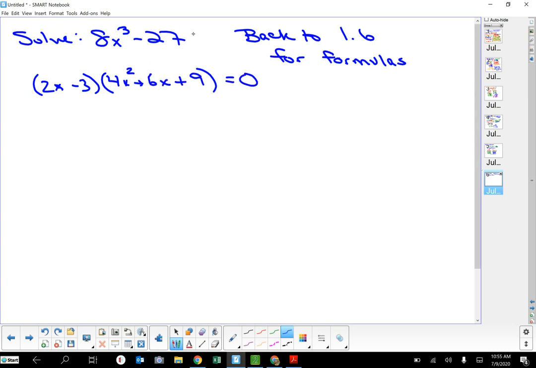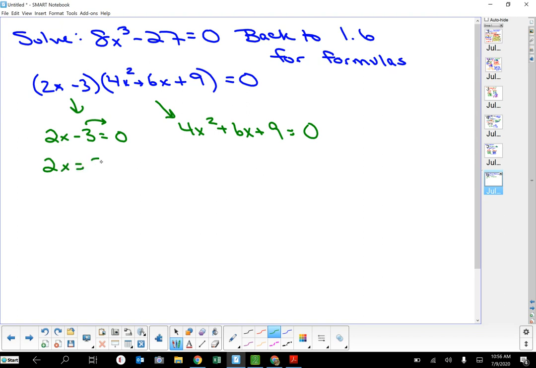And this whole thing is equal to 0. Sorry, I forgot that at the beginning. And then we're going to set these equal to 0 and solve. Okay, so I have 2x minus 3. I'm going to move the 3, which makes it 2x equals 3. Divide by 2, and x equals 3 over 2.